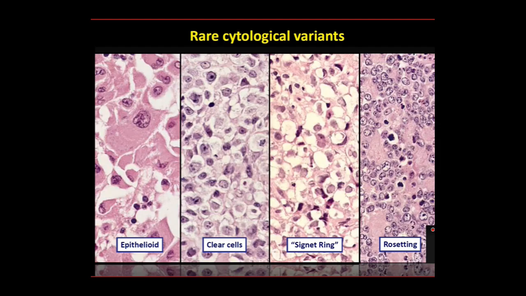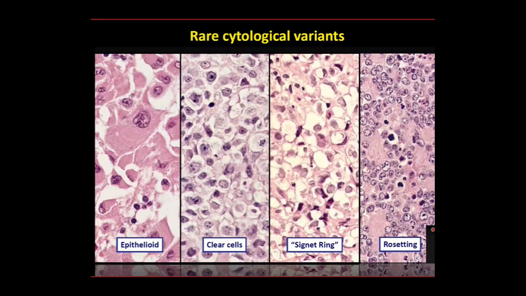Very similarly, and even with more specific features, we have the epithelioid variant. Honestly, I would never think of lymphoma as first looking at this slide. It is very large, polygonal, abundant cytoplasm cells, clear cells, and even signet ring-like with a peripheral nucleus, very white cytoplasm, very optically empty.